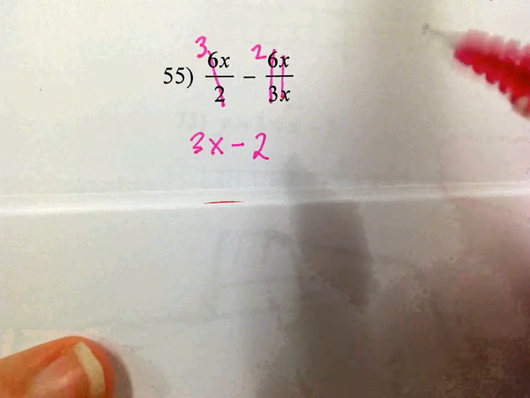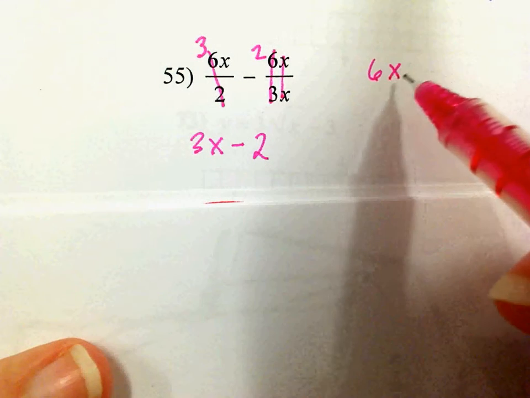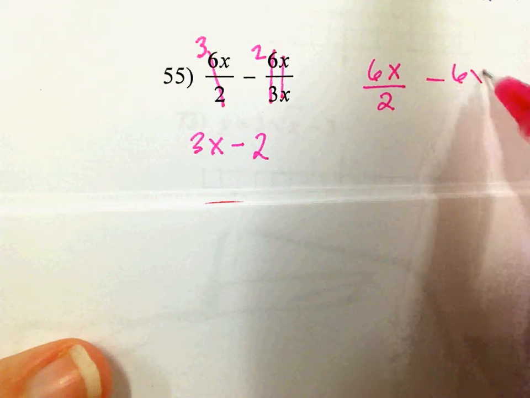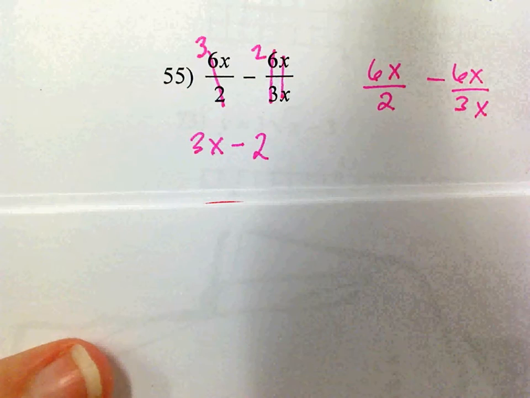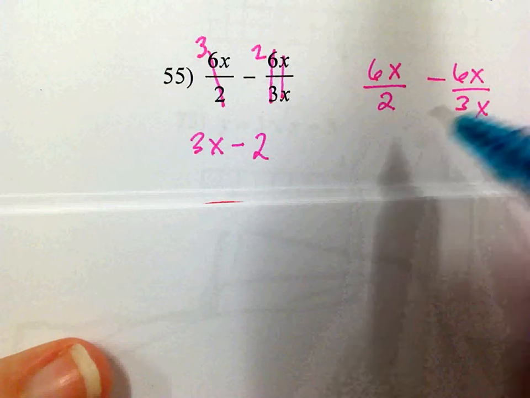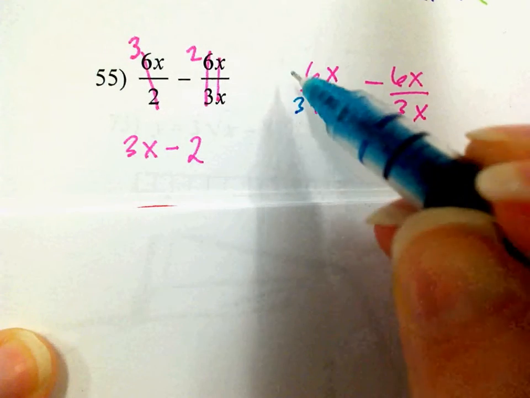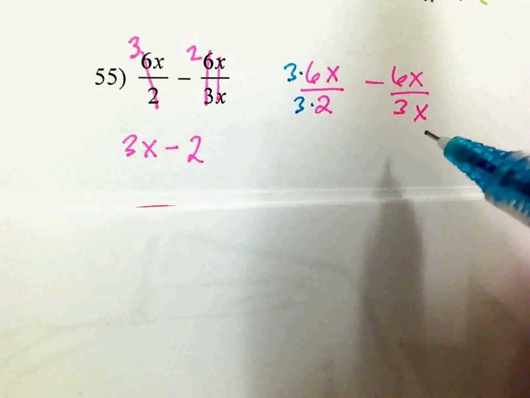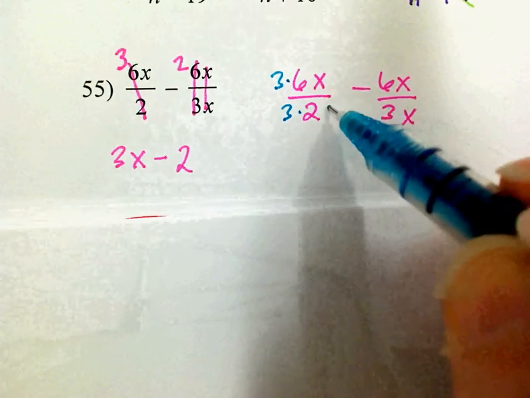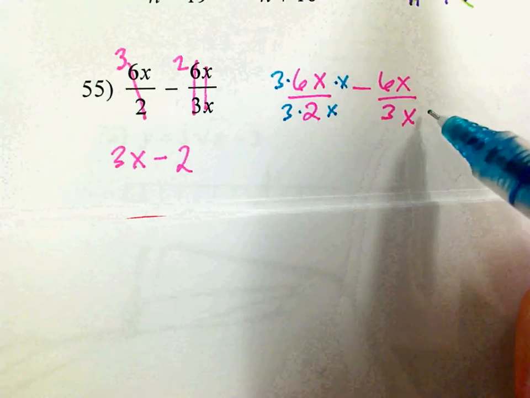Now, if I hadn't recognized this, then you would have said that the common denominator is, what did 2 and 3 both go into? 6, so you'd have multiplied this by 3. And then I need an x, right? Well, on this side I still need a 2.